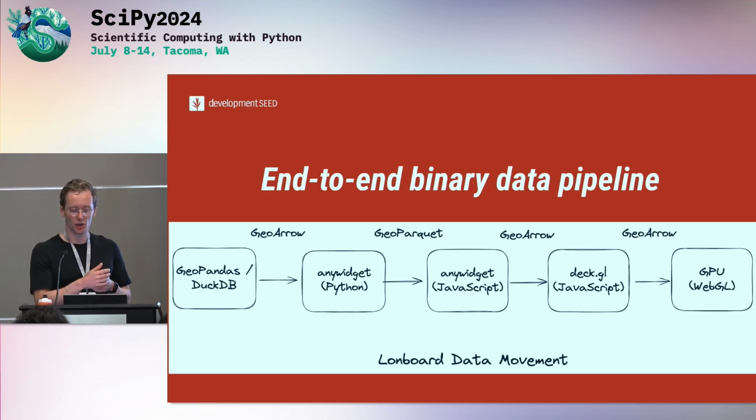We serialize this to GeoParquet so that it's smaller over the wire, which means that in the case where someone is working on a remote environment like JupyterHub, doing this visualization incurs this download from this remote server environment to their machine. And when we compress it as GeoParquet, it's much smaller, and the download speed is much faster. On the browser side, we're able to parse that back into GeoArrow and pass that from AnyWidget's JavaScript side to DeckGL to the GPU, and all of that happens incredibly fast.